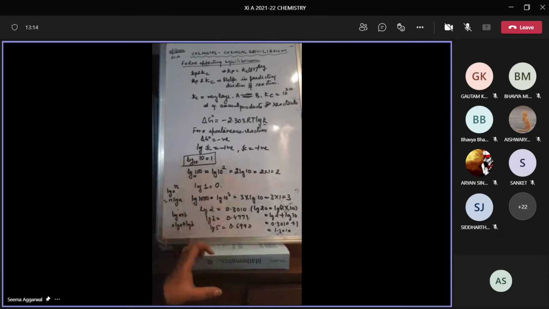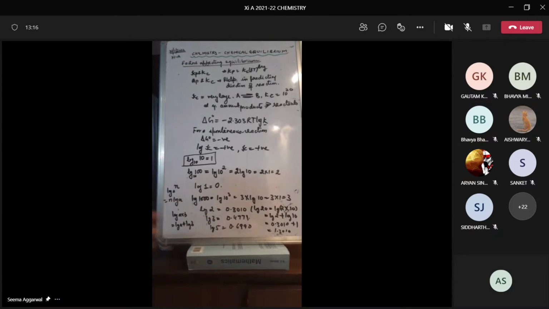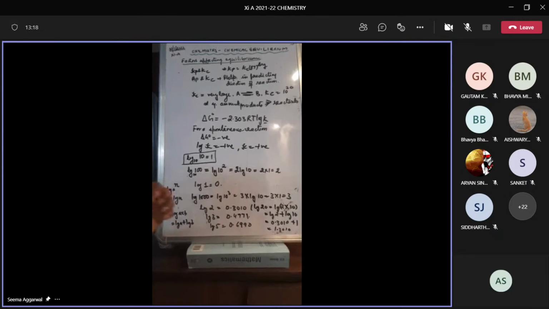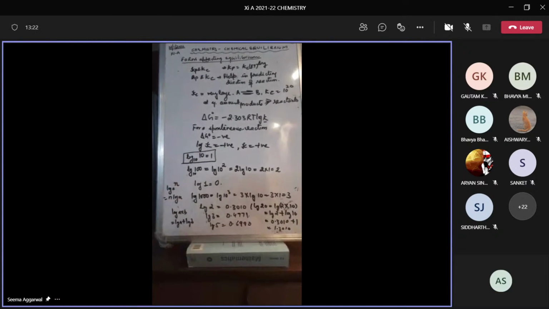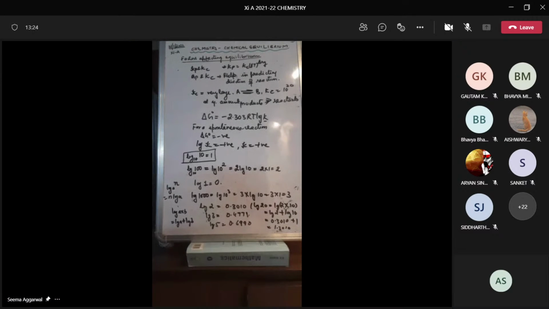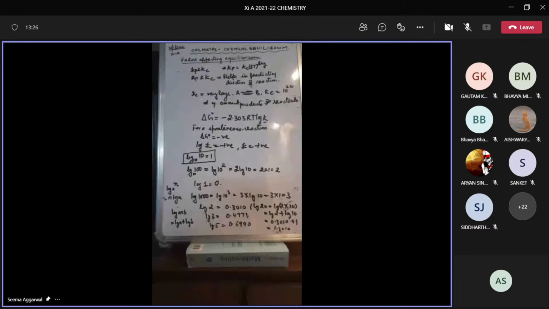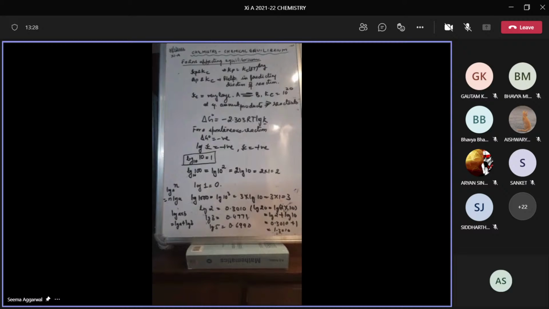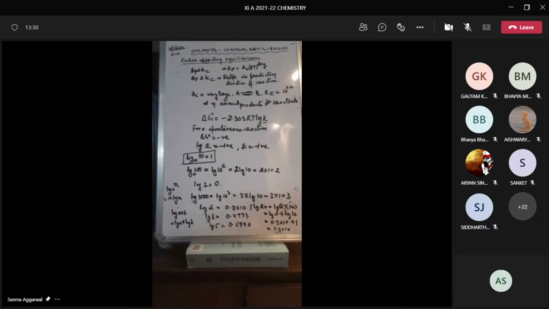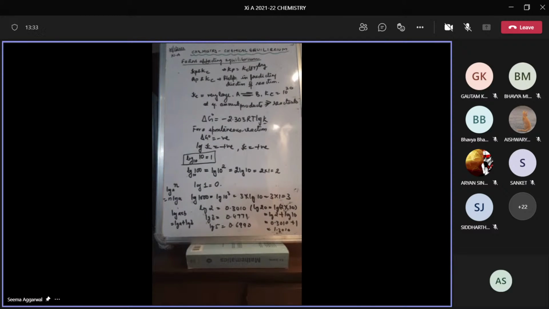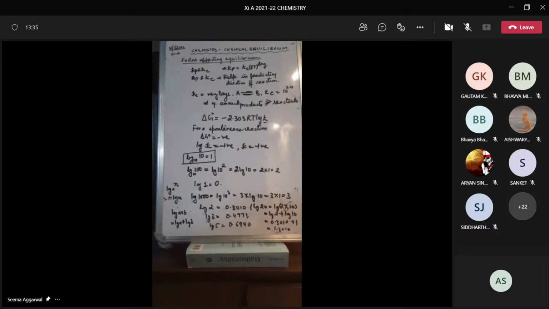But we are not doing log for the time being. When we are doing the pH or solving the questions, then I will explain again. If it's a difficult value of log, the value will be given to you. It's clearly mentioned in the CBSE sample papers.